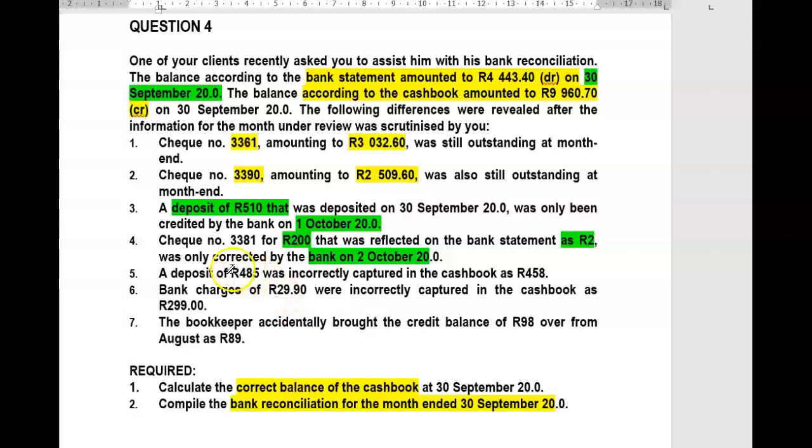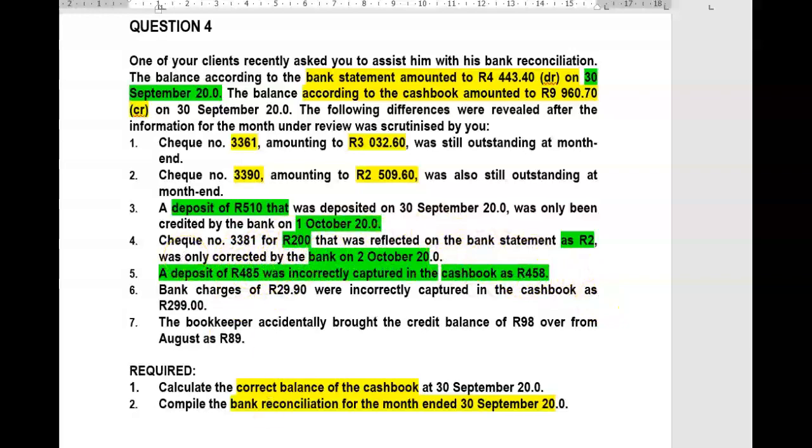A deposit of 485 Rand was incorrectly captured in the cash book as 458 Rand. Who made the mistake here? We made the mistake. We passed a deposit on the debit side of the bank account of 458. That should have been 485. So obviously we need some more debits on our bank account.